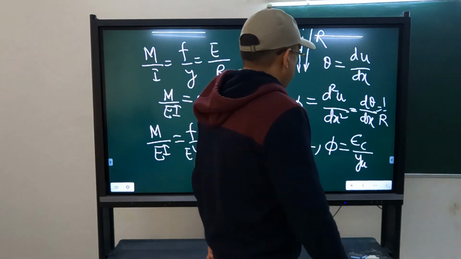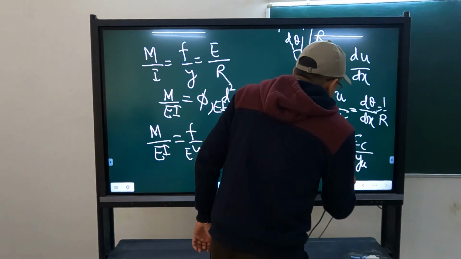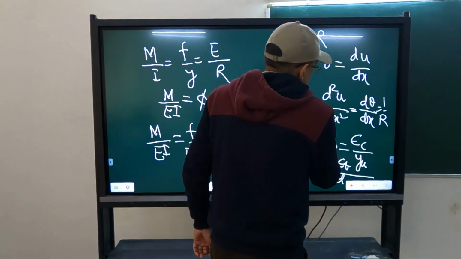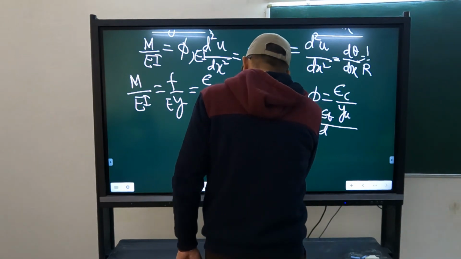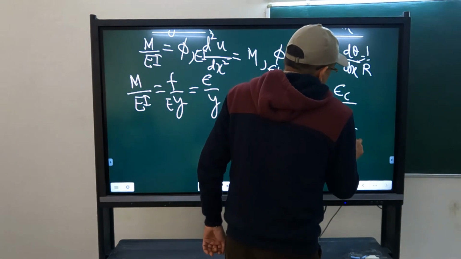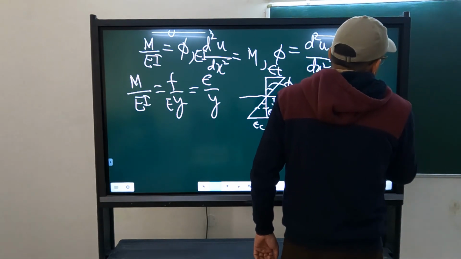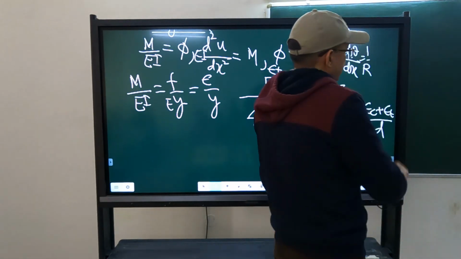That is equal to epsilon t over d minus y, and that is also equal to epsilon c plus epsilon t divided by d.